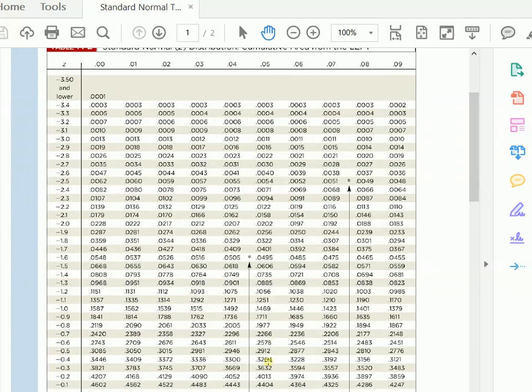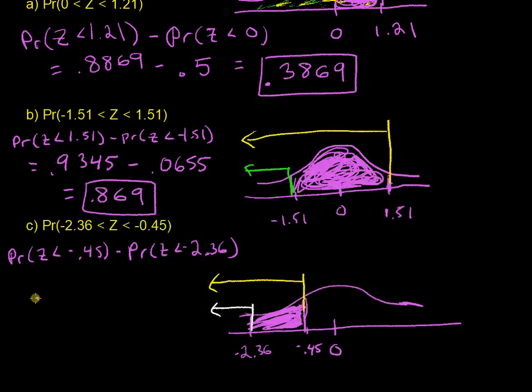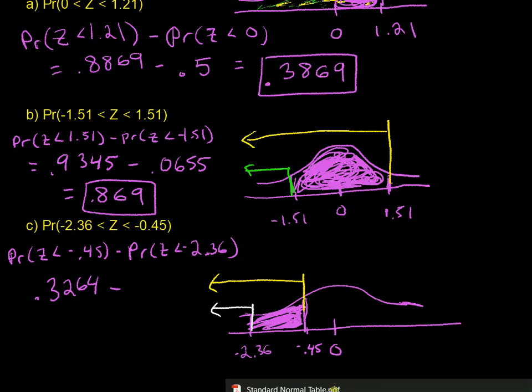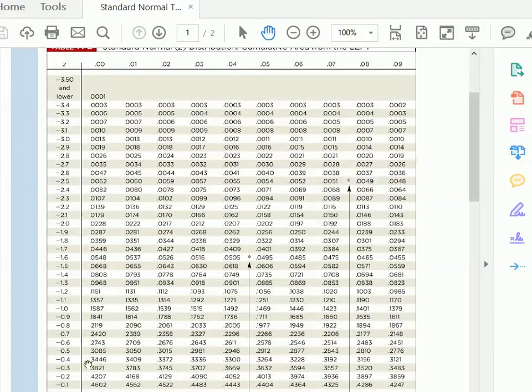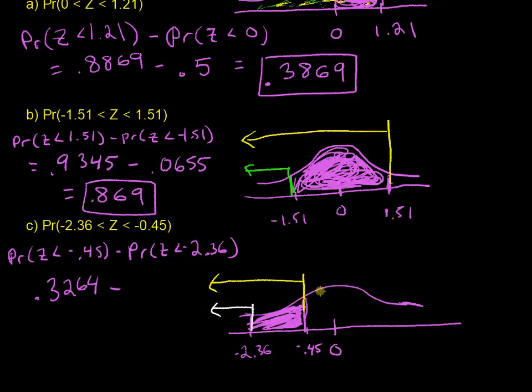So that's 0.3264. Okay, subtract off the probability that z is less than negative 2.36. So let's pull up our table. Negative 2.3, and then over to 6. Okay, so that is 0.0091.